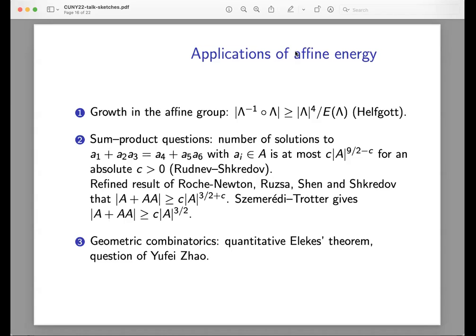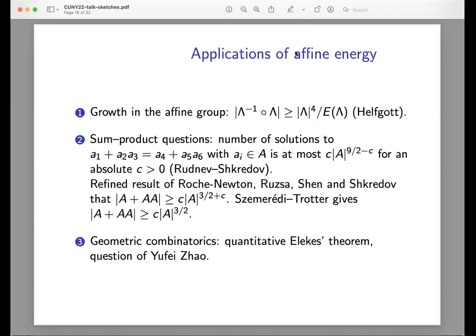Again, the trivial upper bound here is the size of the set raised to the 5th power. But you expect that this will never be attained. Of course, if we had subfields in the integers, then a subfield would have A to the 5th solutions. But there are no subfields in the integers, so we really expect that we can do much better than the trivial upper bound of A to the 5th.